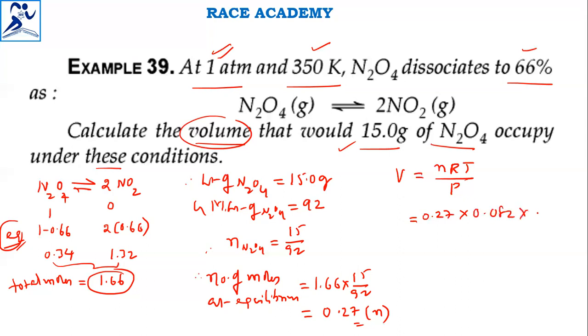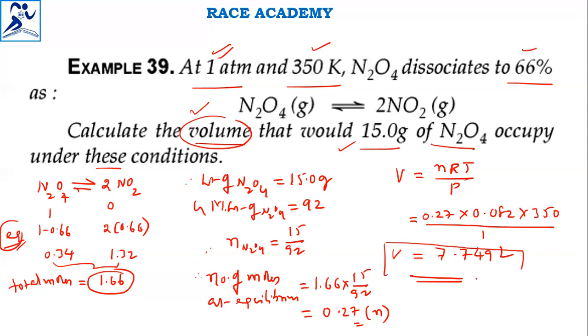The temperature given in the question is 350 Kelvin. So we can substitute 350 Kelvin divided by pressure 1, which equals 7.749 liters. The aim of the problem is to find the volume, and the answer we got is 7.749 liters. That is the answer for this question.